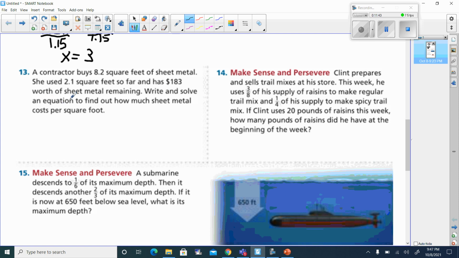Write and solve an equation to find out how much sheet metal costs per square foot. So, as a recap, the contractor buys 8.2 square feet. So we know that we have an area of 8.2 square feet.